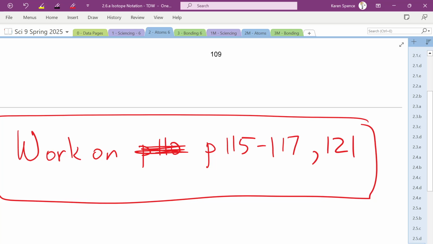How many of these? And then what else? Yes, but what element is that number of protons?